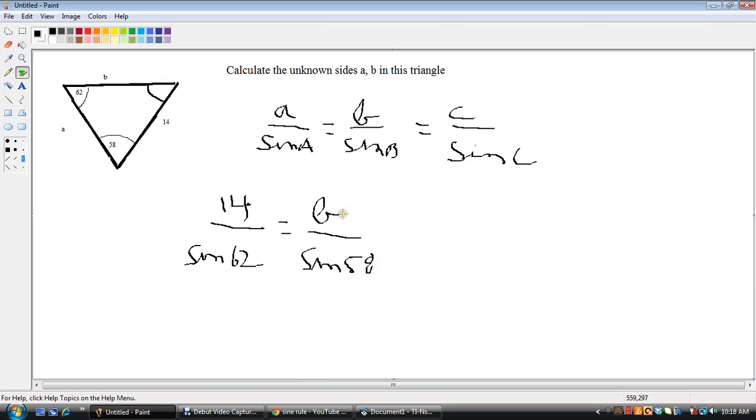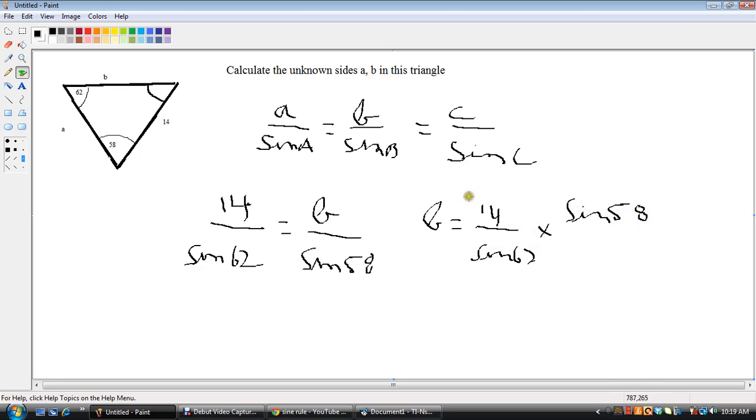If we solve for B, we find that B is equal to 14 over the sine of 62 times the sine of 58 degrees.